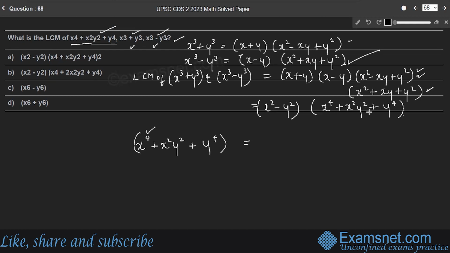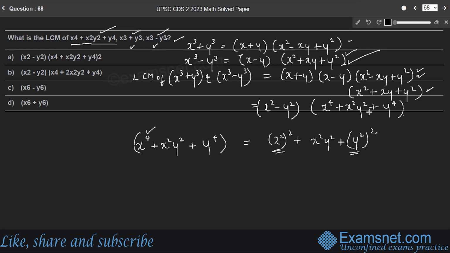So x raised to 4 can be written as x square the square, x square y square stays as it is, and y raised to 4 can be written as y square the square, which is in the form of x square plus xy plus y square, where x is x square here and y is y square here.